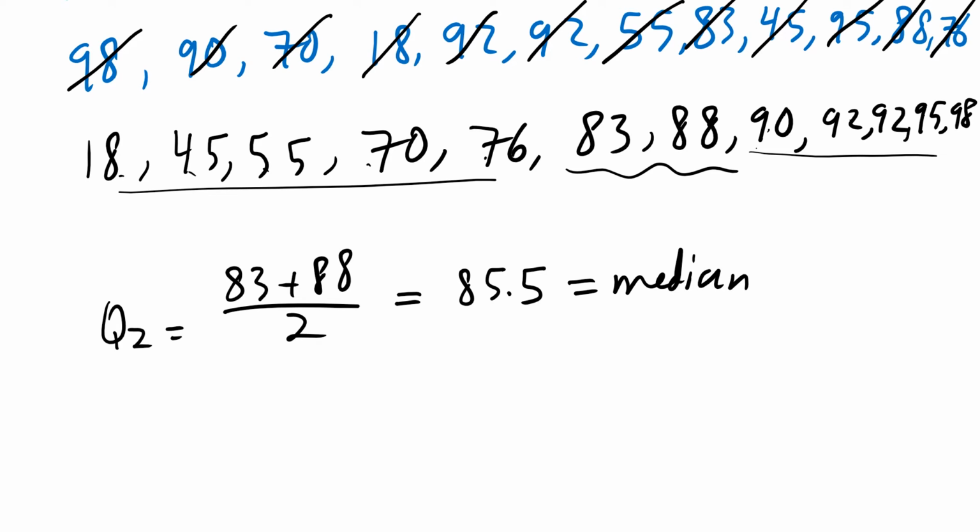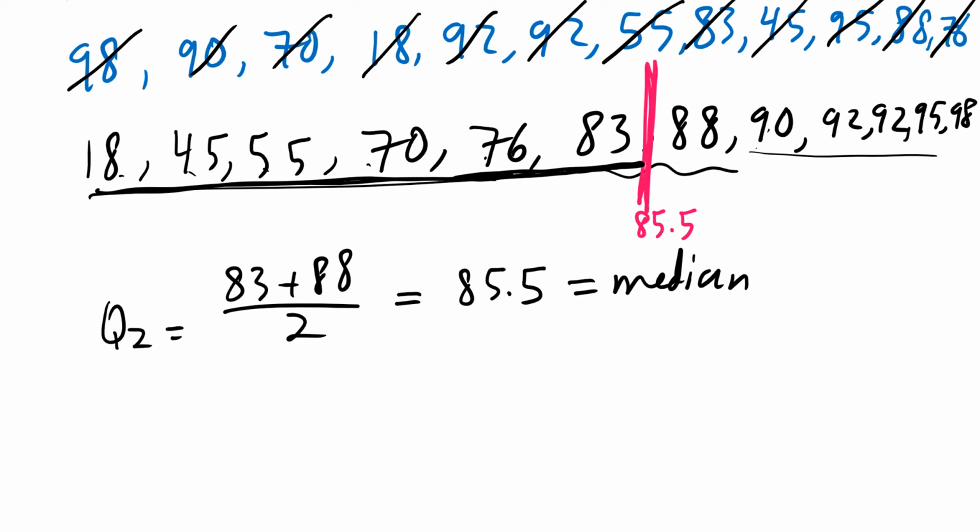Now we can look at the lower data and see what we have for Q1. Notice this is important to know: the 85.5 goes somewhere here. So the lower data is not just the ones that I underlined, but the whole thing all the way up to 83.